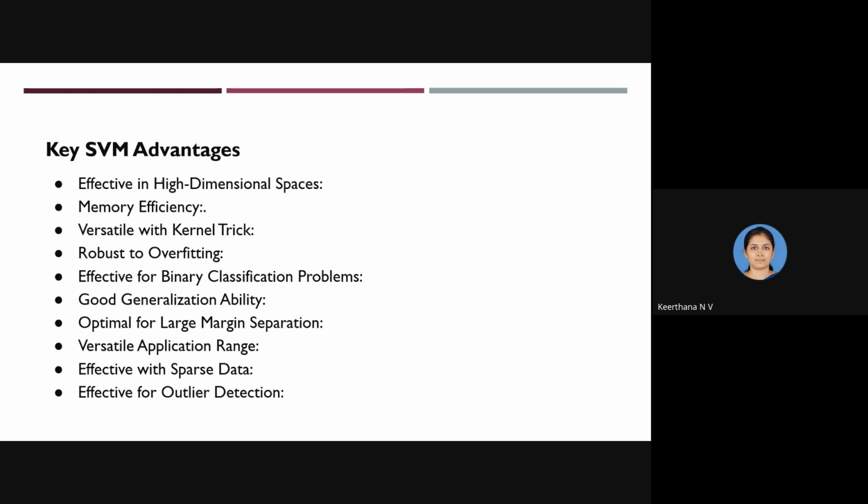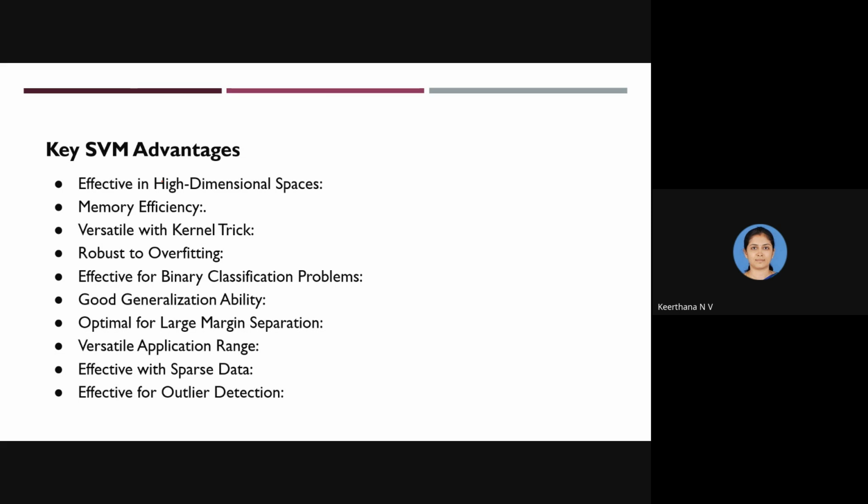Good generalization ability I have discussed, and it is effective for outlier detection, and it will give you a unique solution. We are using a convex shell, right?